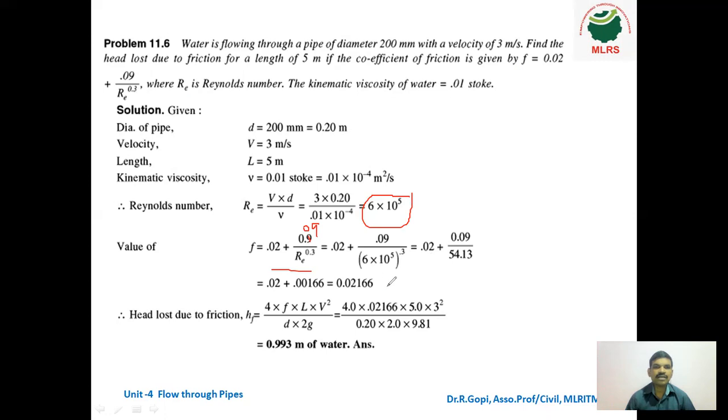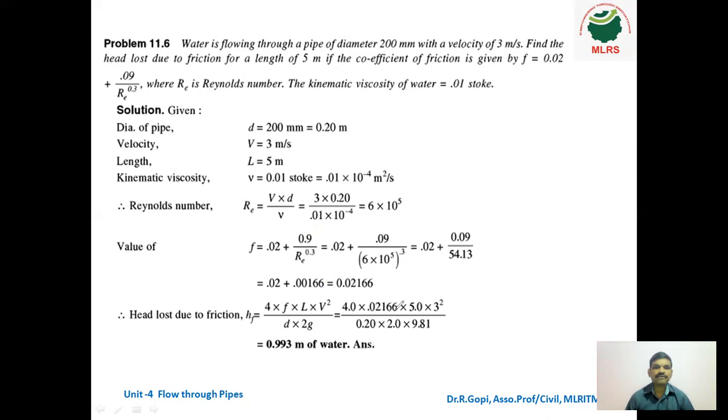Finally we got the coefficient of friction as 0.02166. Now head loss due to friction, hf is equal to 4fLV square divided by 2gD.